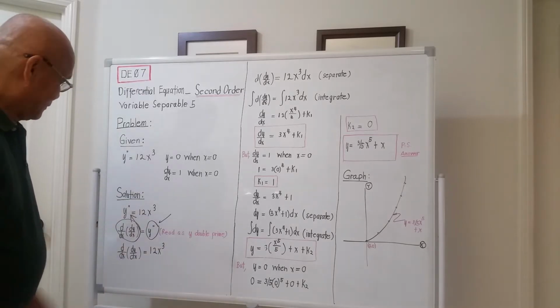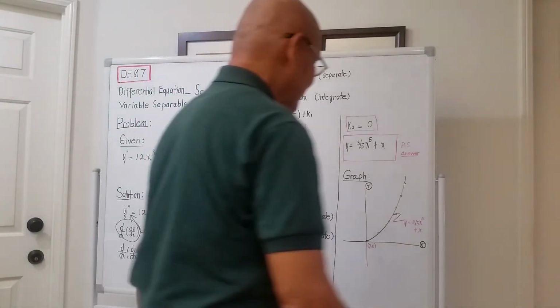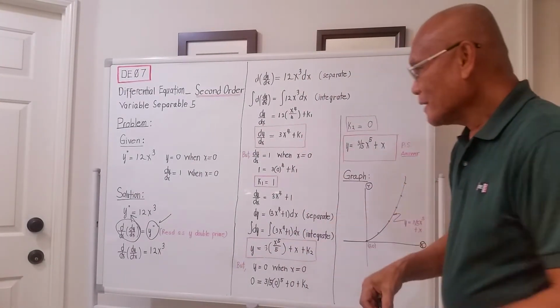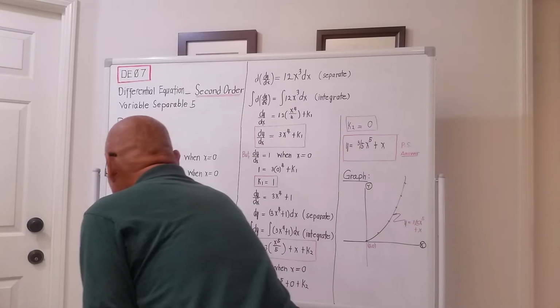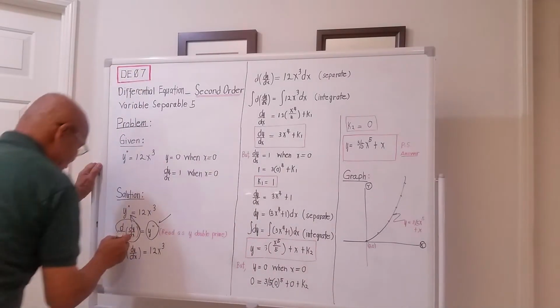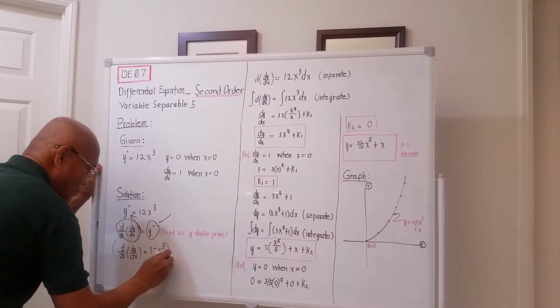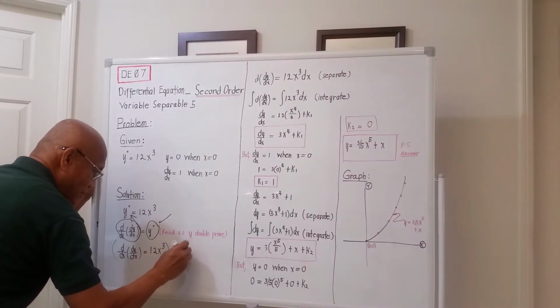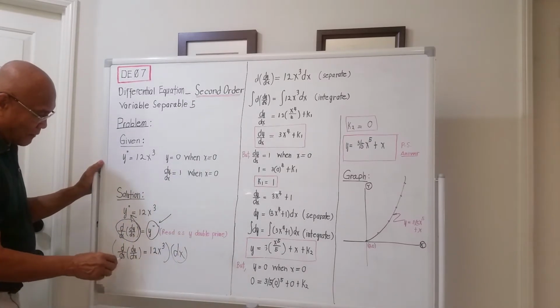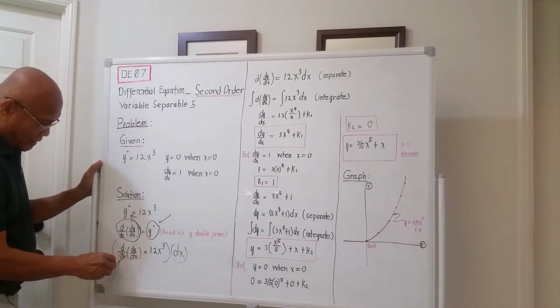Okay? Multiply all terms by dx. On the left hand side, dx will cancel.